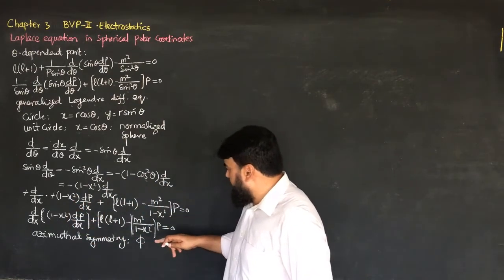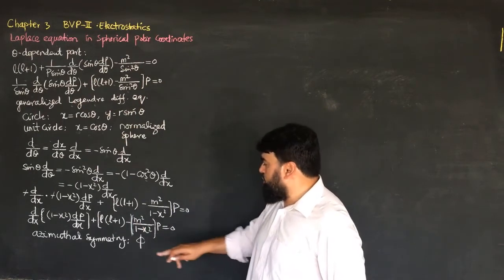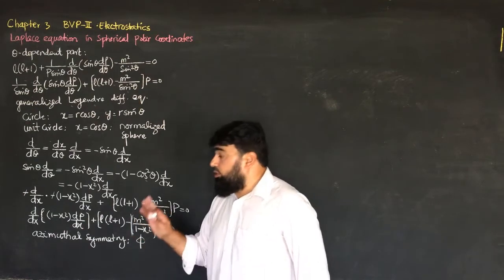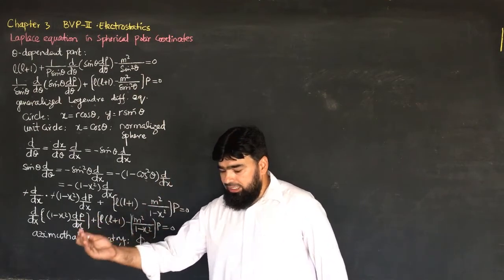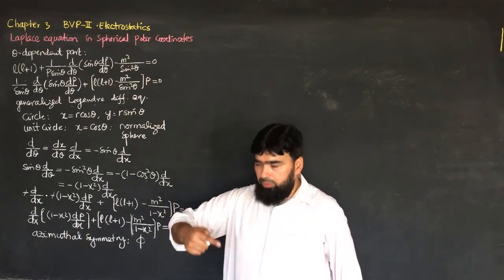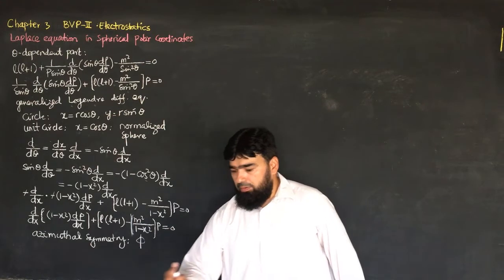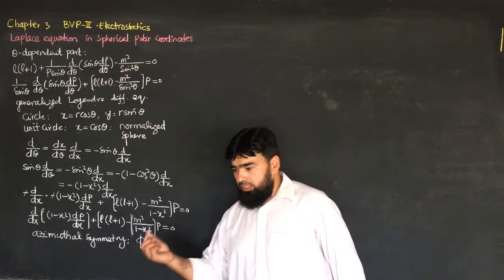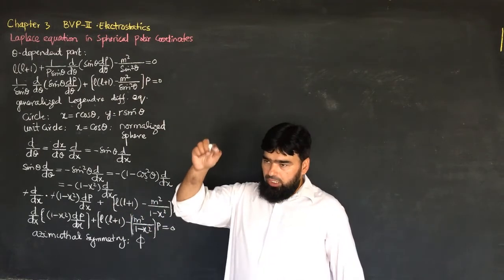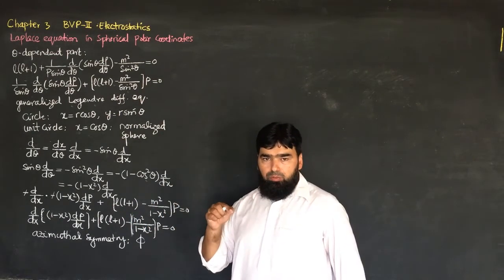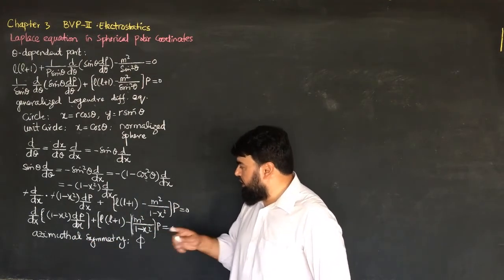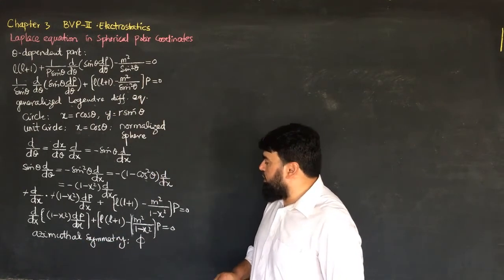So for phi we have the representation of m here. If our potential is the same along all the points along phi, meaning we consider the sphere as composed of different circles, then on each circle we have a different potential, but along the circle we have the same potential, and this we call the azimuthal symmetry.